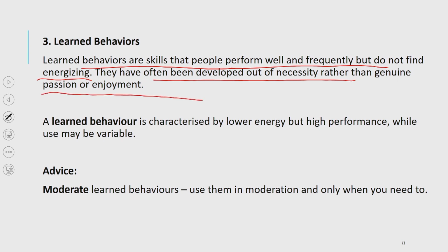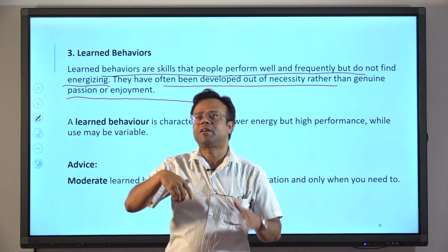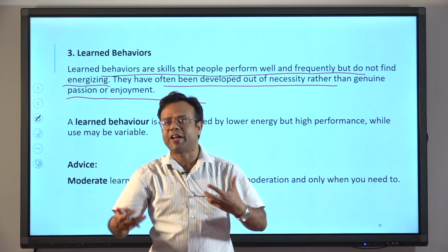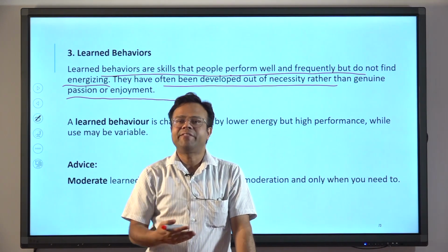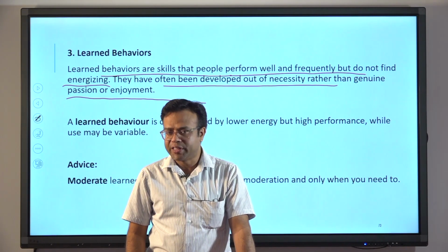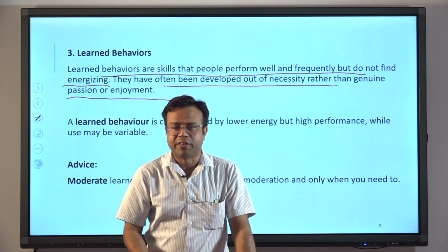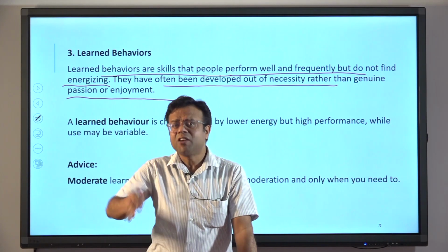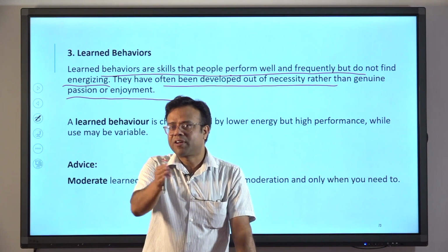With realized and unrealized strengths, there is a natural passion or enjoyment in doing them. Learned behaviors, we learn because there is a necessity for it. We may not enjoy them too much, we may not have passion for doing them, so they are not very energizing because they are not related to your talent.